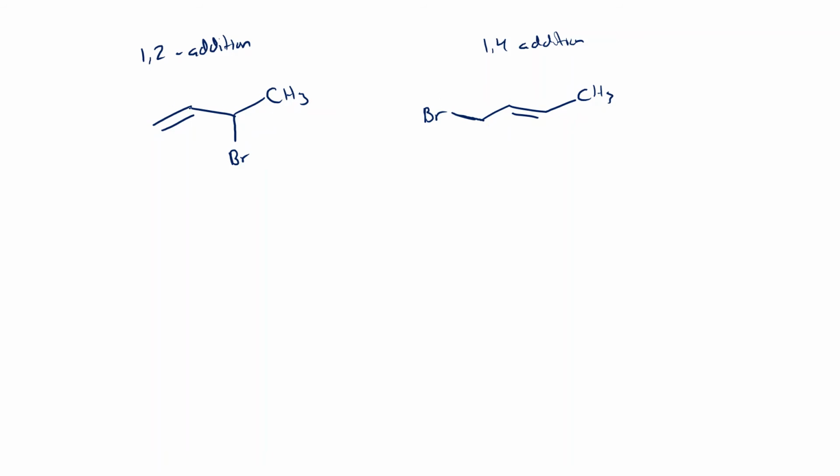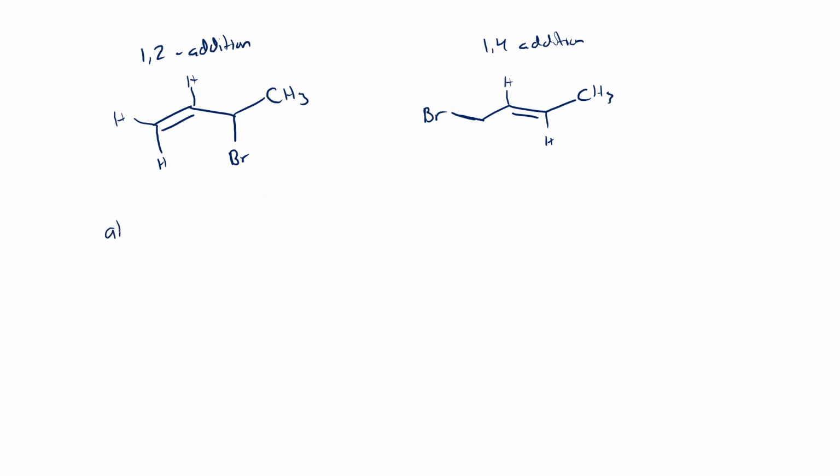Our double bond has basically one carbon attached to it. So if we look at all the stuff that's connected to this double bond, we got 3 hydrogens and only 1 carbon. Whereas over here, we have 2 carbons connected to it, so 2 hydrogens and 2 carbons. So we categorize double bonds by how many carbons they are attached to, just like we do with carbocations, alcohols or bromides or anything. We look at the carbon that's there and say, how many carbons is it attached to?